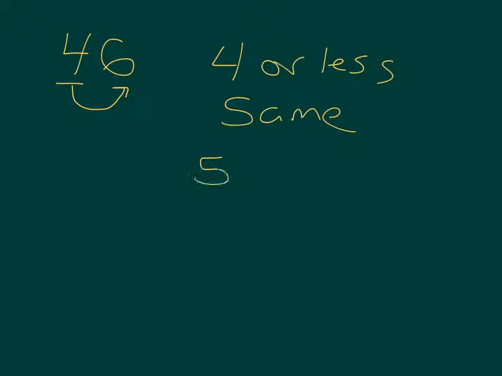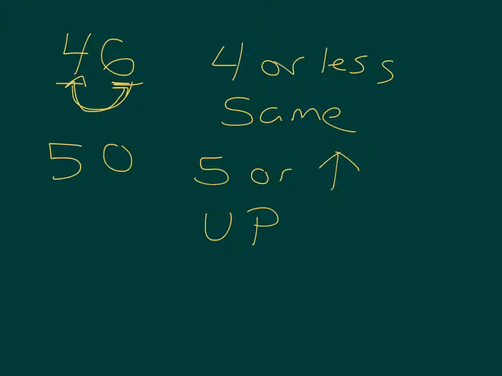And if it's 5 or more, the next number goes up. So in this case, the 6 is 5 or up, and it tells the 4 to go up, and 46 is closer to 50.